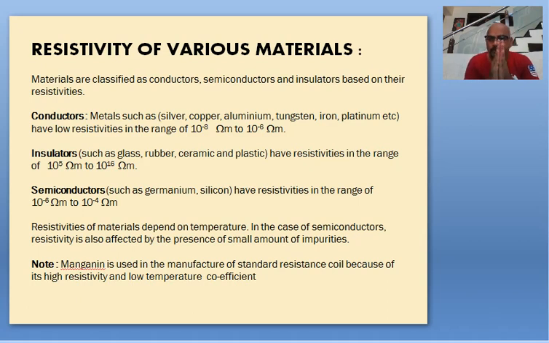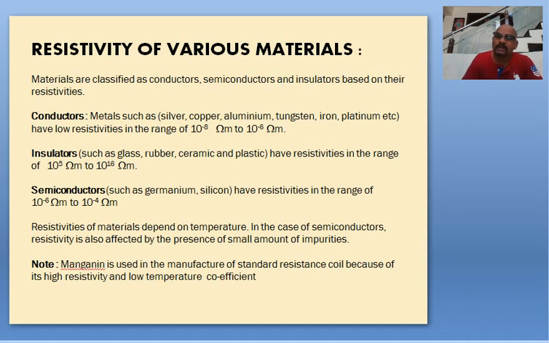Resistivity depends on two factors. One, the nature of the material of the conductor, and two, the temperature of the material. So there are only two factors on which the resistance depends: the nature of the material of the conductor, and secondly the temperature.